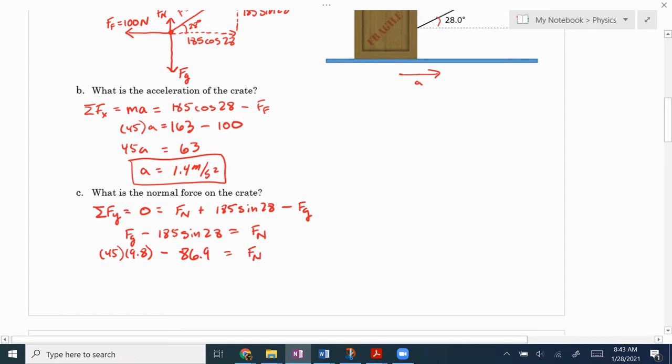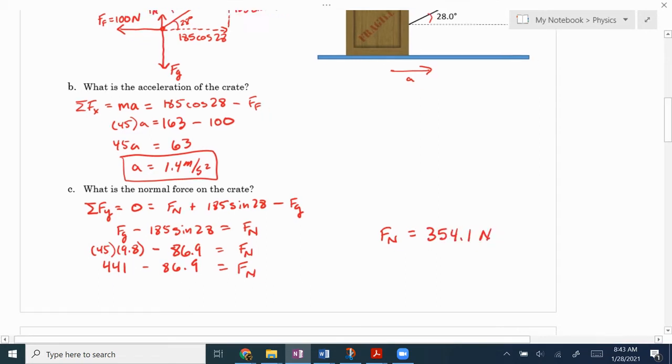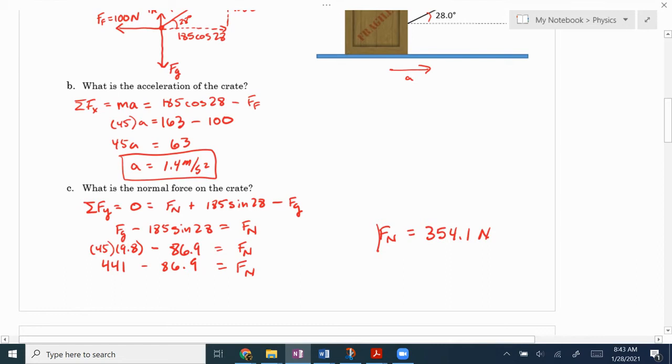So 45 times 9.8 is 441, minus 86.9 gives us that the normal force is equal to 441 minus 86.9. And that's going to give us 354.1 newtons. All right.